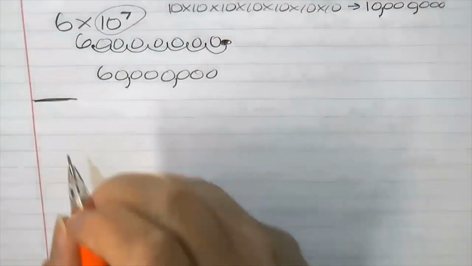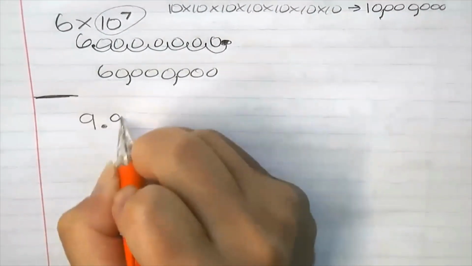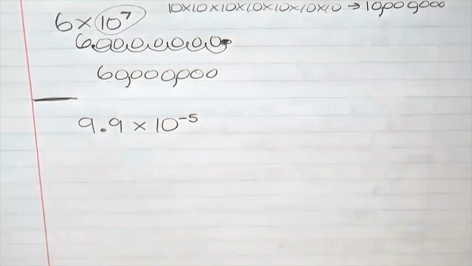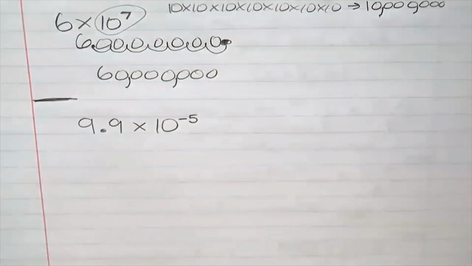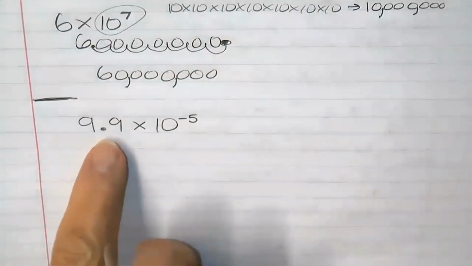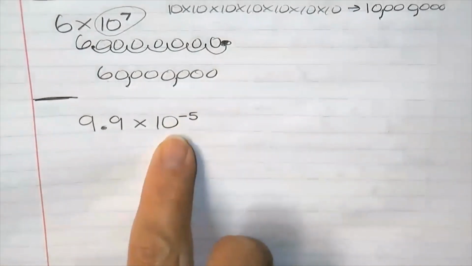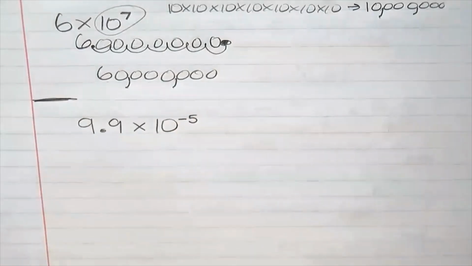Okay, we have 9 and 9/10 times 10 to the negative 5th power. First question, is this written in scientific notation? Is my first factor greater than 1 and less than 10? Yes. And I have a negative power of 10. So yes, this is written in scientific notation.